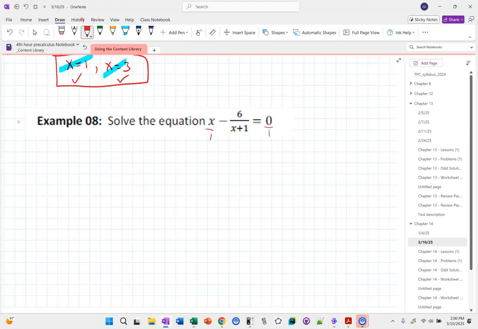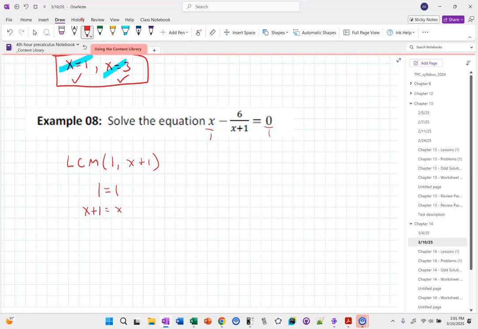So again, I look at this problem, I see only one denominator. So really I'm looking for the least common multiple of 1 and x plus 1. Well, there's no factoring to do for 1. How about x plus 1? Can that factor at all?